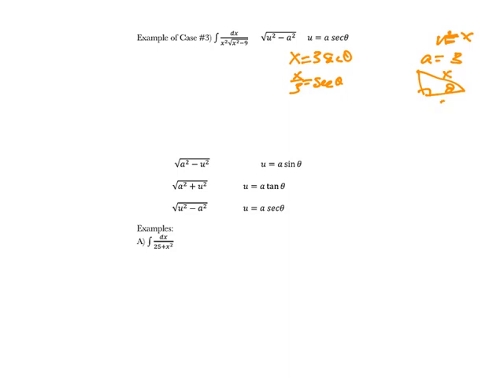So we'd have hypotenuse over adjacent, which means this side is the square root of x squared minus 9. So I need a dx, so I need to take the derivative of that. Well, the derivative of secant is secant theta tangent theta, and the 3 goes along for the ride.